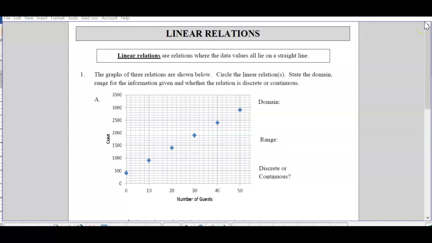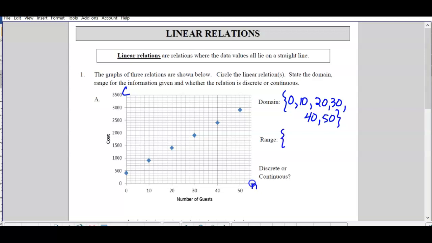In this case, the number of guests would be n, cost would be c, and the domain would be the n values. So just look at those points that have been plotted. It's discrete. So an n value of 0, 10, 20, 30, 40, 50. Doesn't mean you couldn't have other values, but that's what's on your graph.